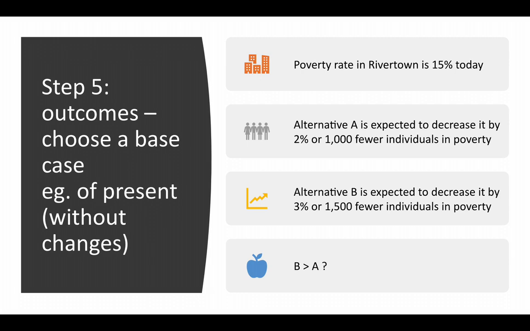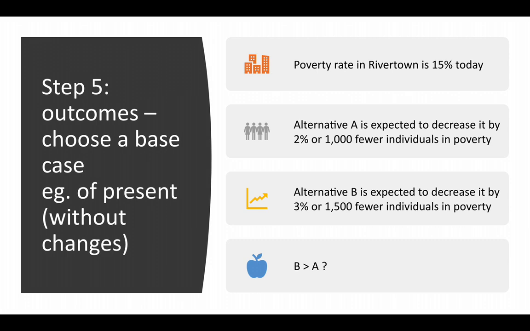And alternative B is expected to decrease it by 3%, or 1,500 fewer individuals in poverty. Right, so you have the base, this is 15%. You have alternative A, decrease by 2%, alternative B, decrease by 3%.